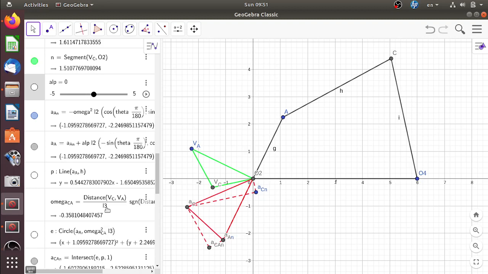So omega 3 has to be calculated from the velocity diagram, by measuring the relative velocity between point C and point A, which represents this distance. This distance divided by this length will provide me omega 3. That's what I have done here.